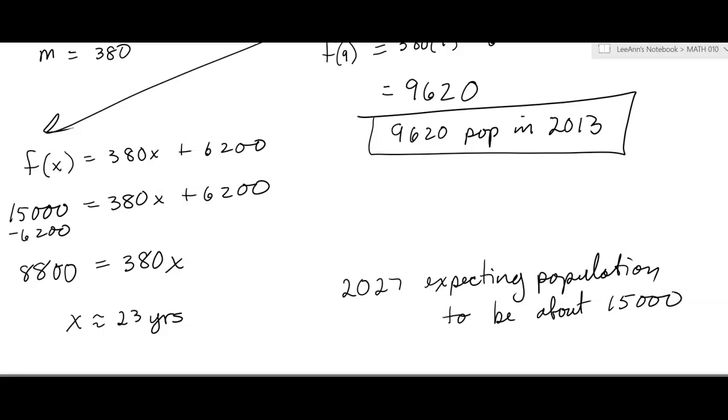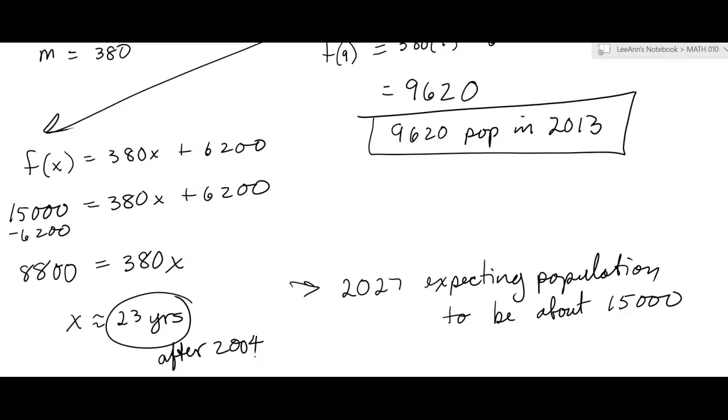And then we can say, okay, well, by the year 2027, we're going to need so many hospitals, so many schools, and that type of thing. Okay, does everybody know where we got the 2027? It's 23 years after 2004. Okay, so that's how real models work. The good news is there aren't a lot of examples in this section, but they do take a while to do.